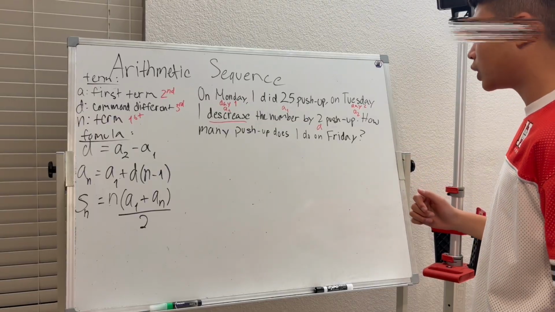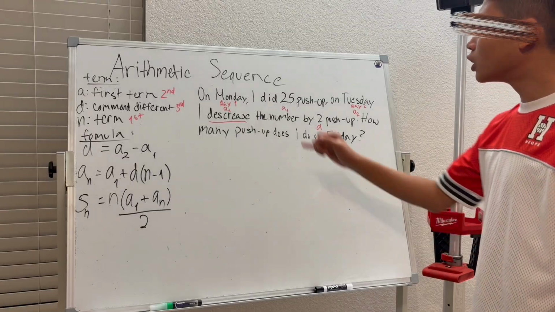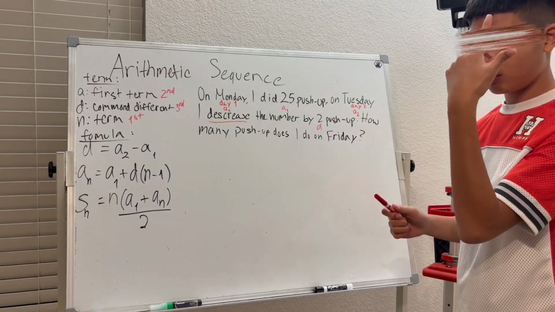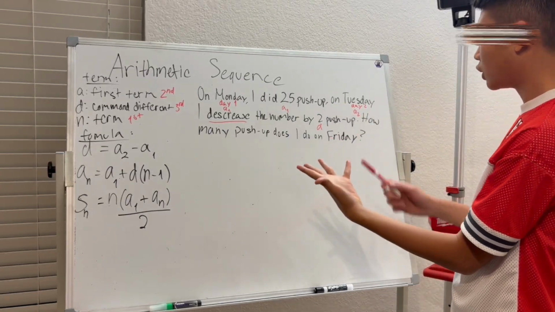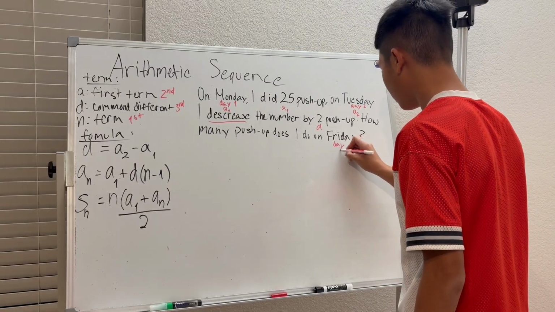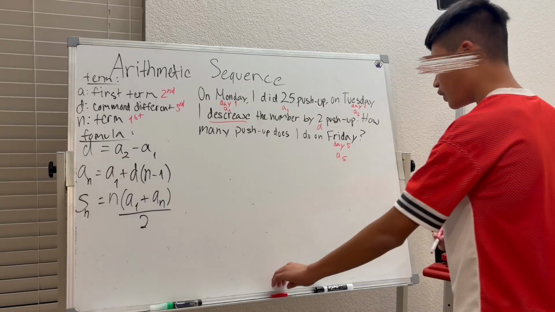How many push-ups did I do on Friday? There's Monday, Tuesday, Wednesday, Thursday, Friday, so Friday is the 5th day, day 5. So that's a sub 5, and we need to find a sub 5.